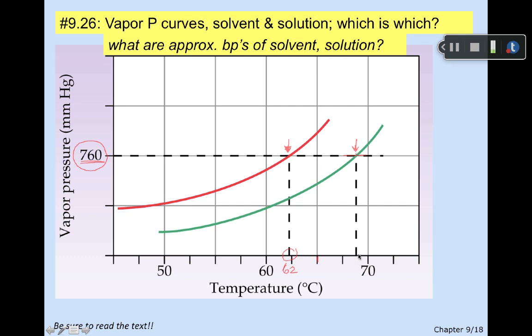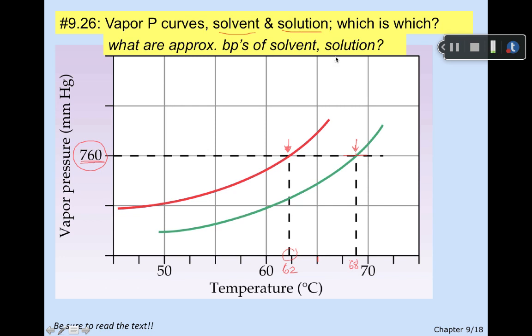Judging from this graph, making an estimate, it might be 68, or somewhere between 68 and 69. Hard to say, doesn't matter at this point, but it's higher for the green line than the red line. In other words, one of these is a pure solvent, and one is a solution.